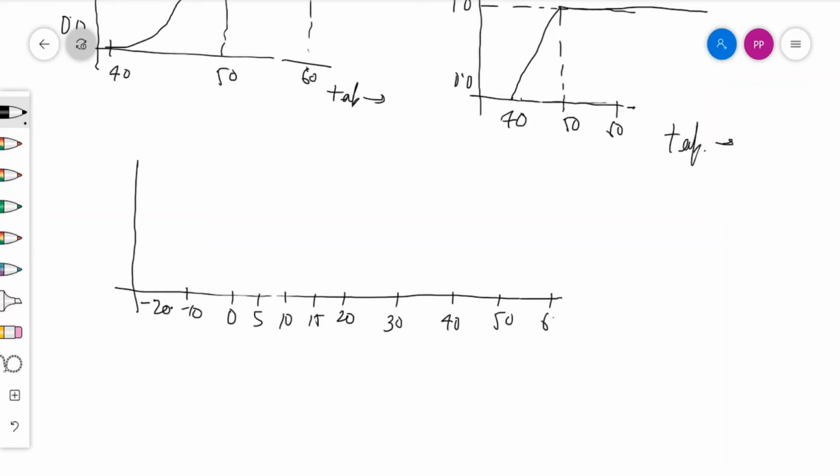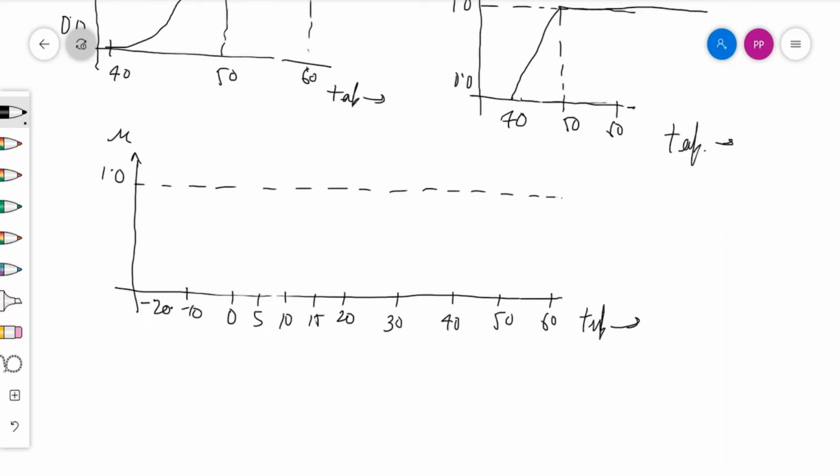So this is the temperature axis, and we need to plot the membership functions together on the same plot so that we can understand the effect of the combination of all these membership functions, how we can visualize them.